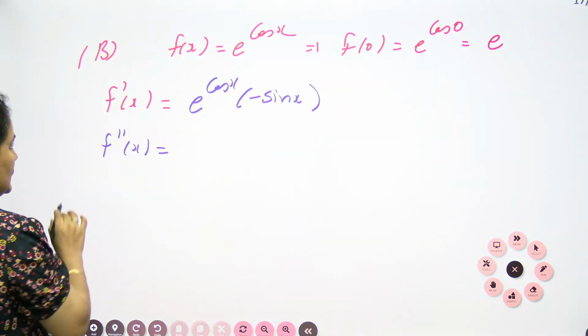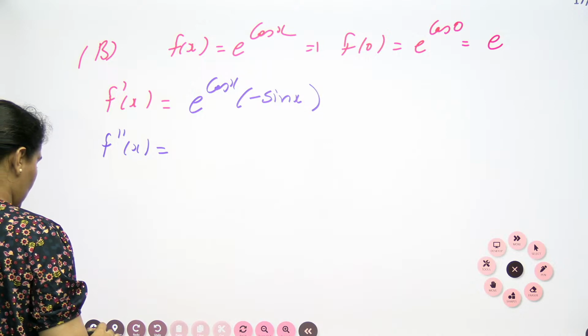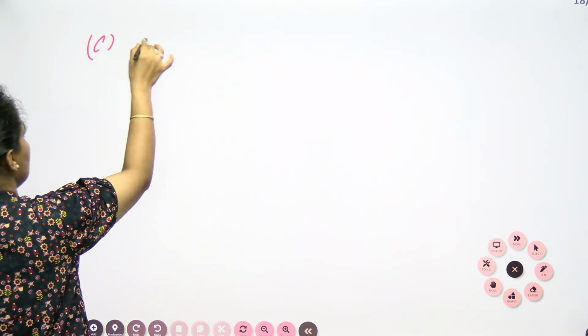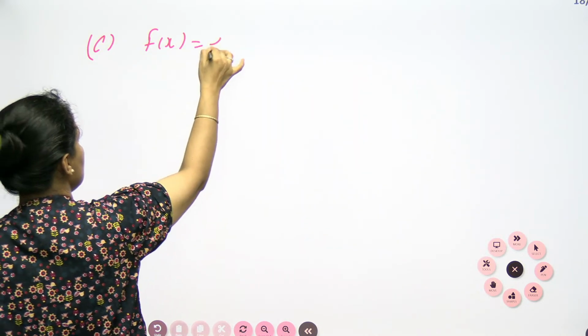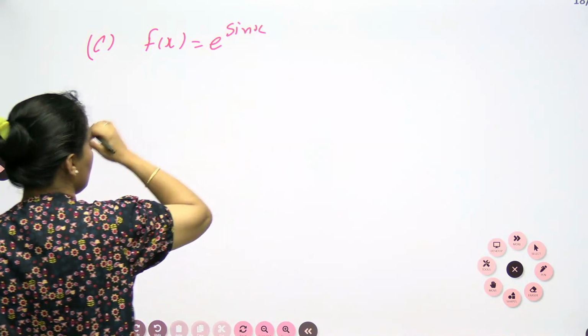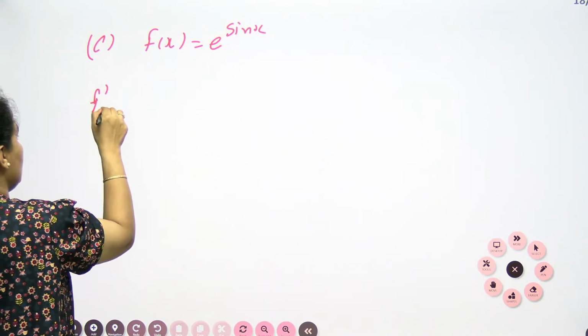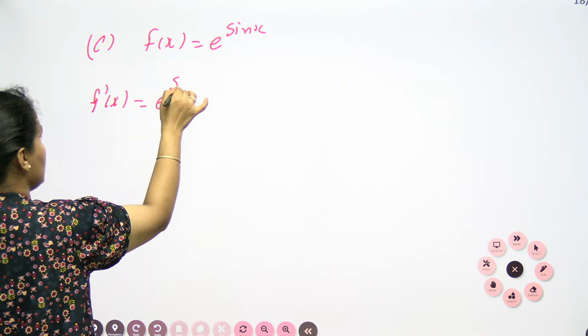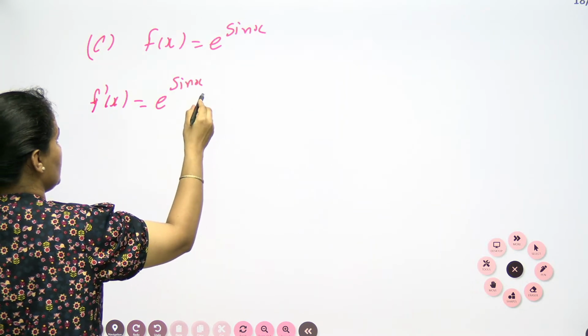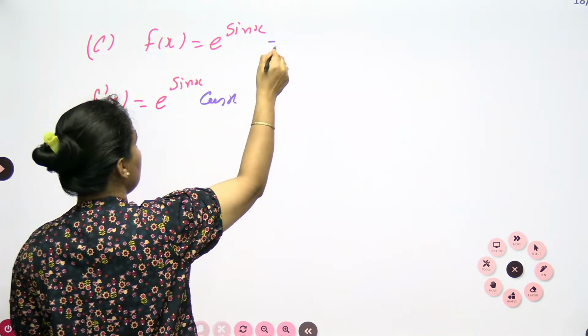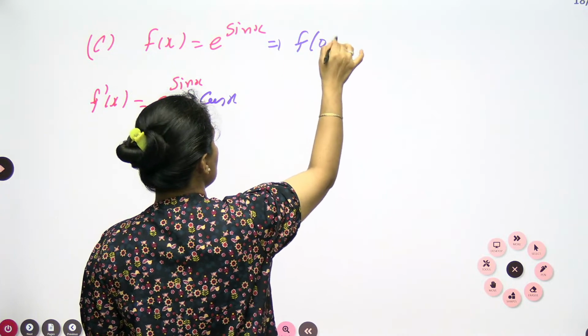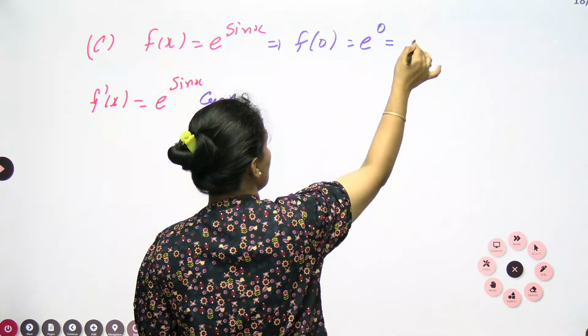Let's try option C. I can write my function as e to the power sin x. The first order derivative f'(x) will be e to the power sin x times cos x, since the differentiation of sin x is cos x. Let me try f(0): it will be e power 0, which is 1.